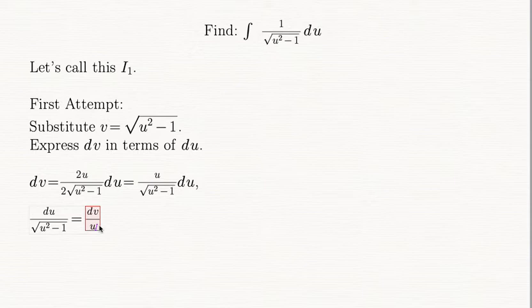That was the hope, that when we substitute one variable for another, the integrand modifies into some simpler function of the new variable, and the new variable here happens to be v.